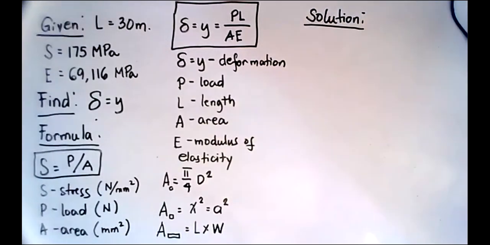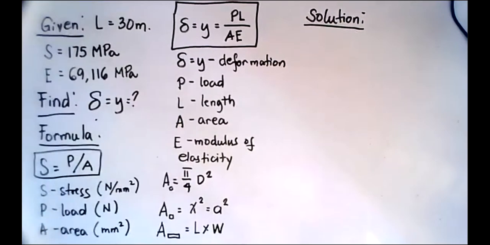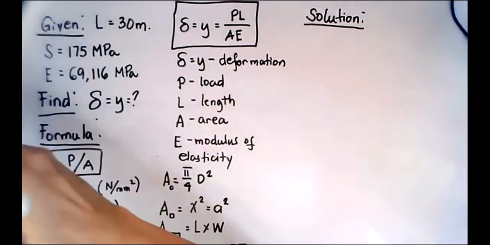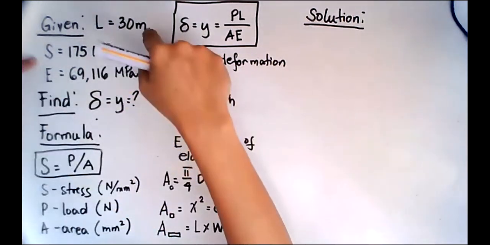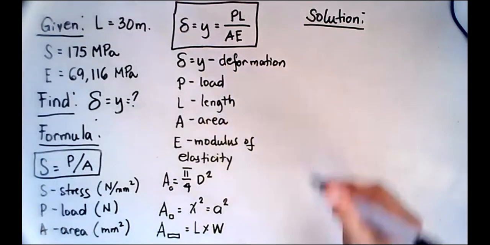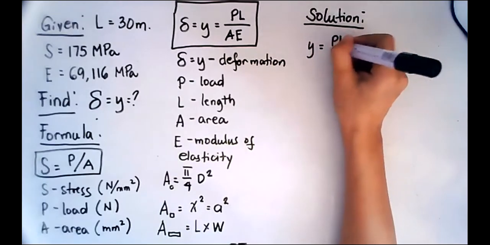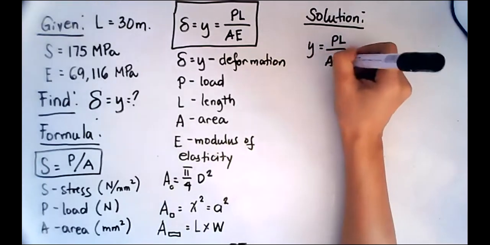In solving for the elongation, because this is the one in question in the problem, we can make use of the formula for stress to determine the area. Di ba? Since we are given the stress and we are given the length. Okay. So take note that the elongation is equals to PL over AE.